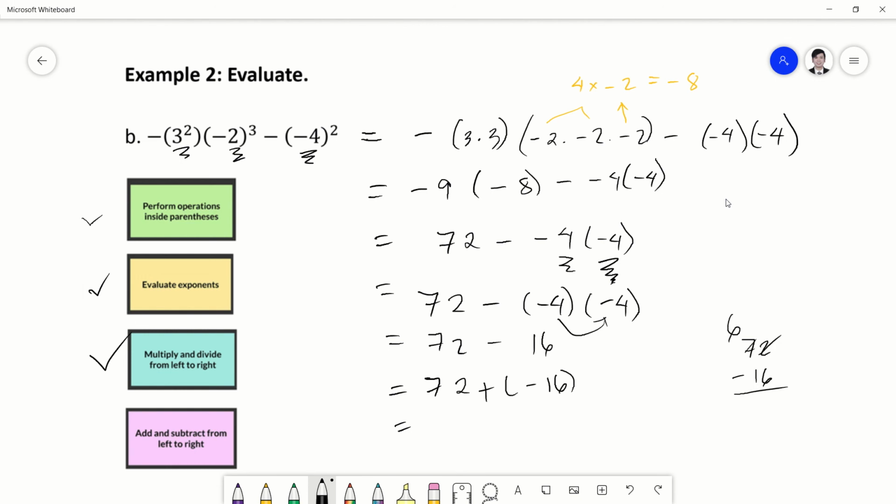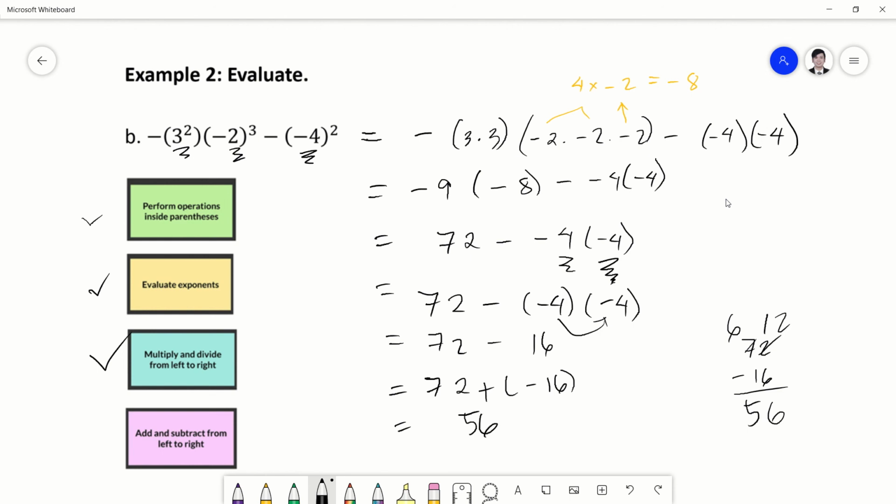This 7 becomes a 6, and that 2 becomes a 12. 12 minus 6 is 6. 6 minus 1 is 5. Sorry, yes, that's a 56.